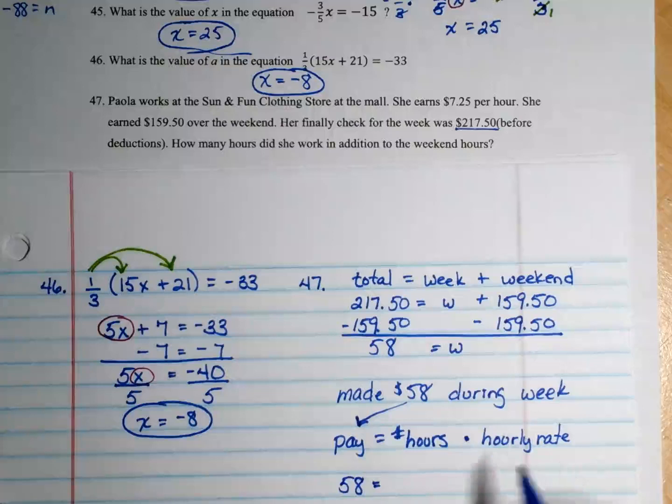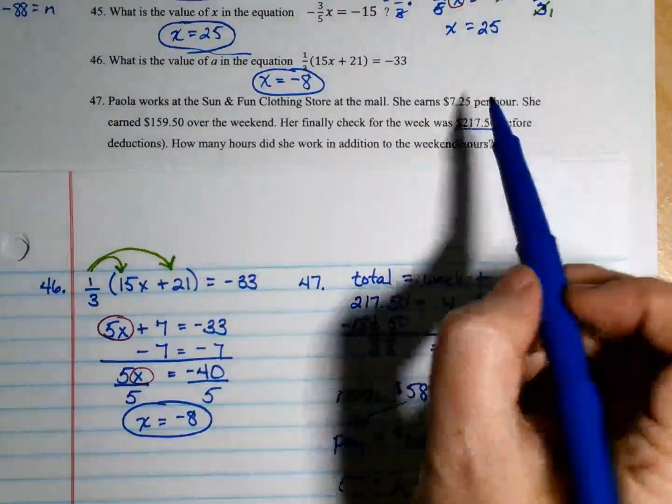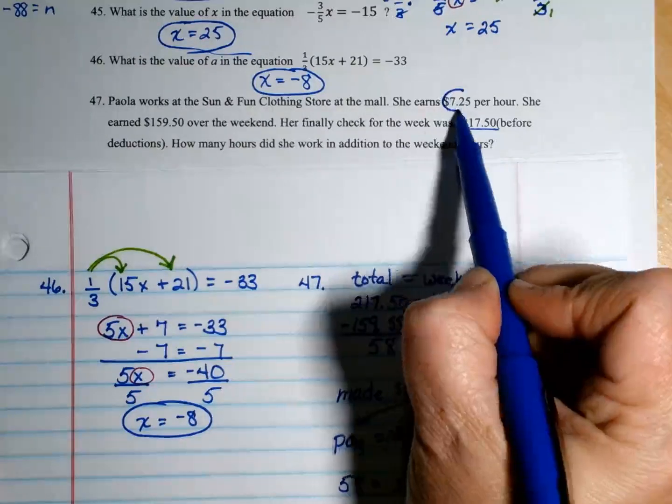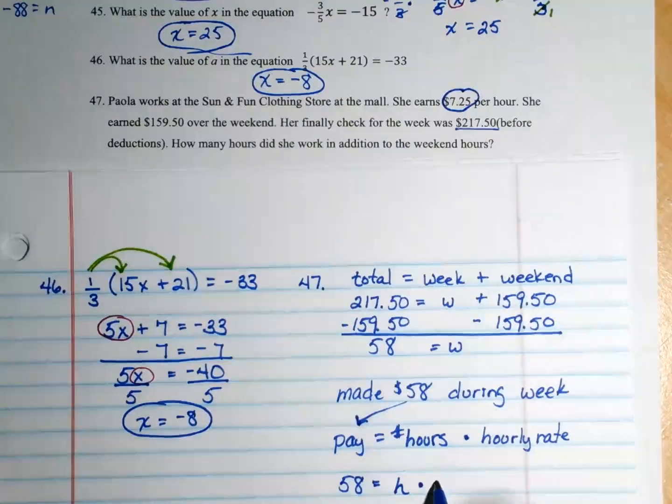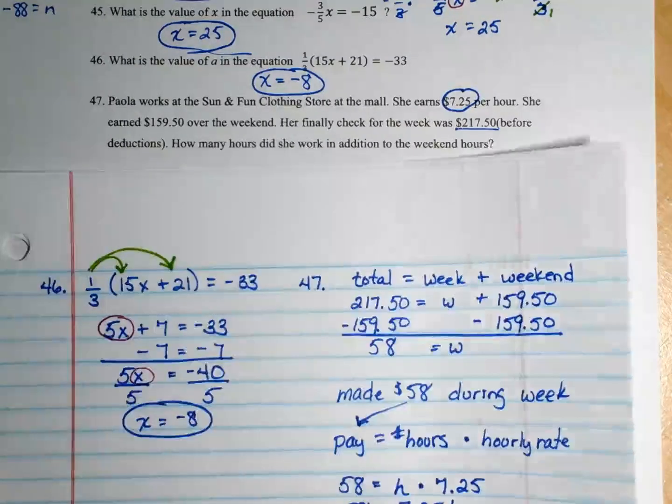I don't know how many hours she worked, but I do know that she makes $7.25 per hour. So this becomes 58 equals 7.25 H. Oh, let me move this up so you can see it.